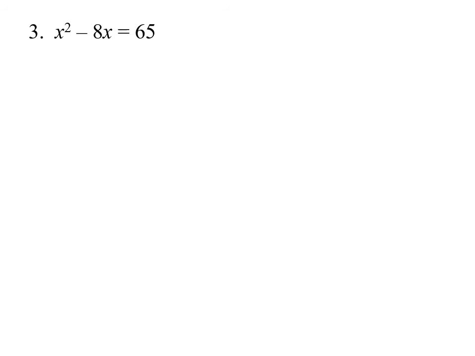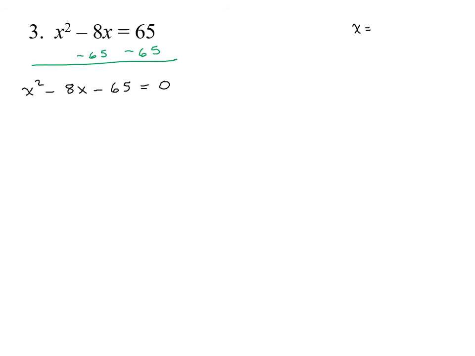Okay, let's try this one. Again, almost in the right form, not quite as bad off as the last one. This one I only have to subtract the 65 to the other side. And so I'll end up with x squared minus 8x minus 65 equals 0.